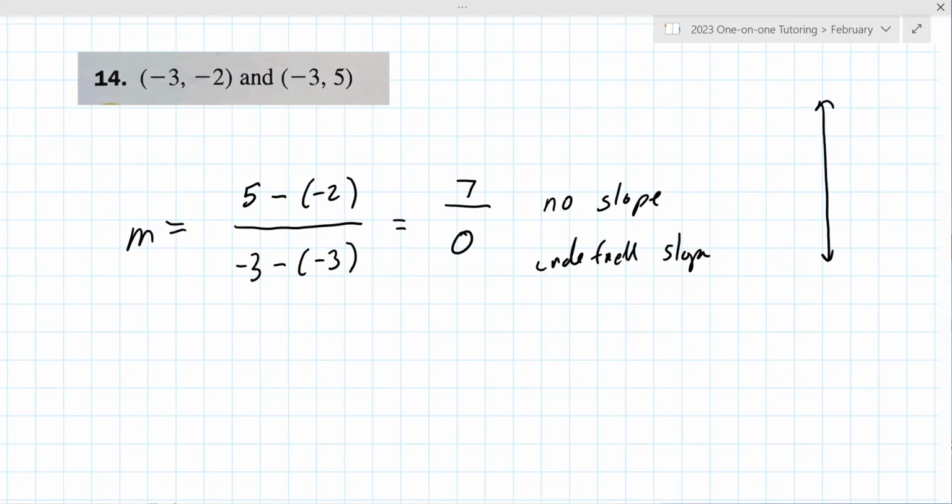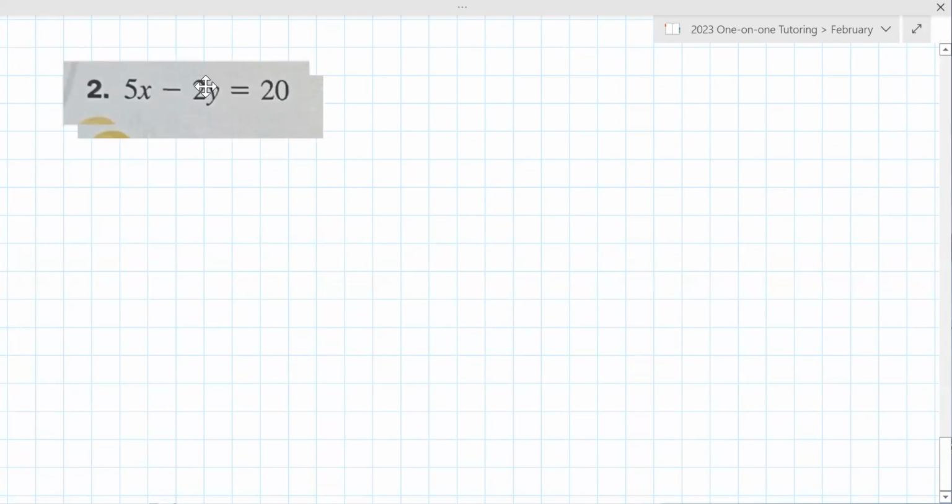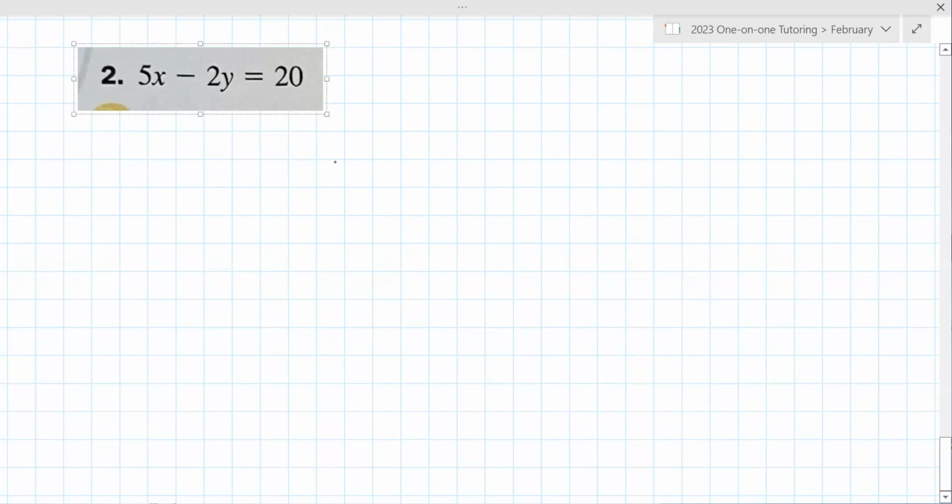Let's go to 5.3, number 2. Okay. So there's a couple of ways to do this problem. But the way it's given, I'm going to presume that they want you to use the intercept approach. They're asking you to find the x and the y intercept. This works a little bit better in person, but the first thing you do is you set x equal to 0.